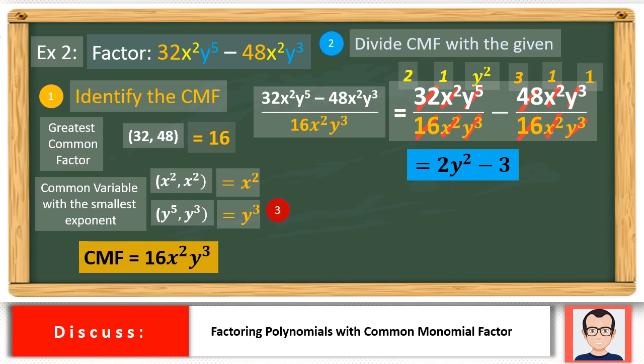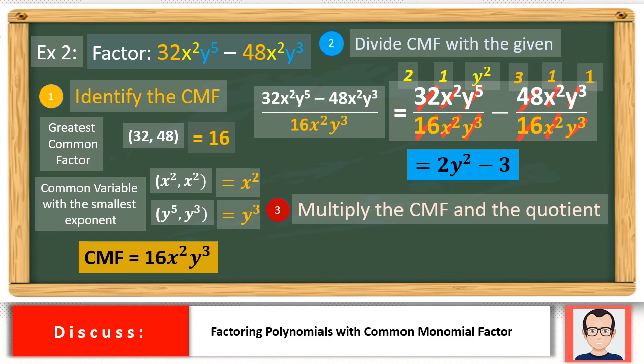Now for our last step, we combine by multiplying the common monomial factor and the quotient derived. Our final answer will be the product of 16x squared y cubed and 2y squared minus 3. Wow! You're really doing good. I assure you that.